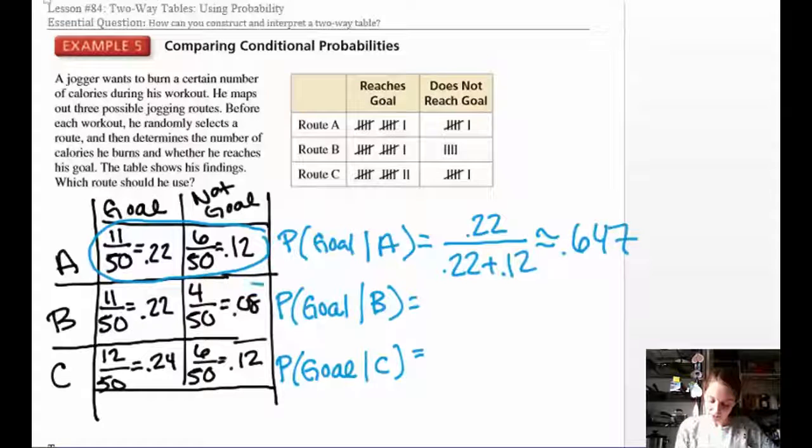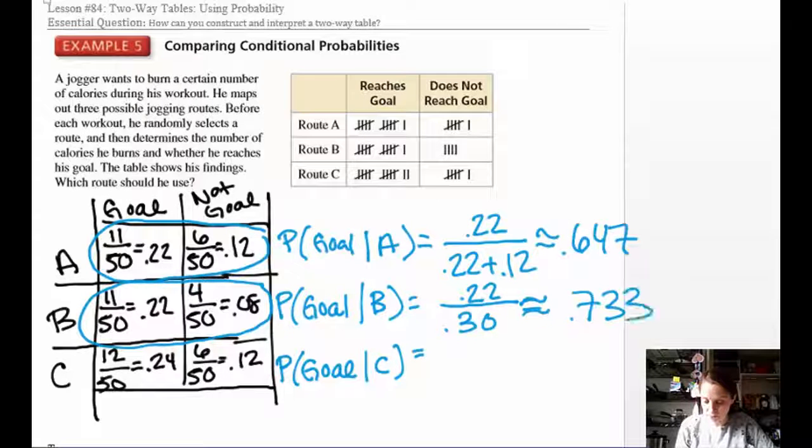Now, given that he was running route B, which is 0.30, I can add those up. I added 0.22 plus 0.08, and he met his goal 0.22 of the time, and when I divide that, I will get approximately, I have to round, so I'll use the approximation symbol, 0.733.